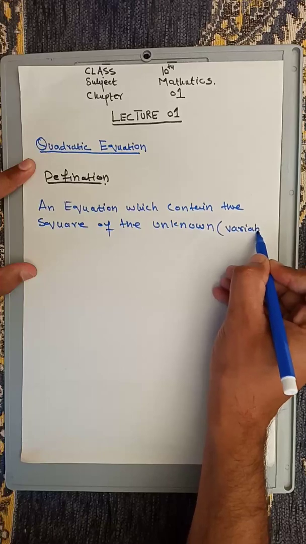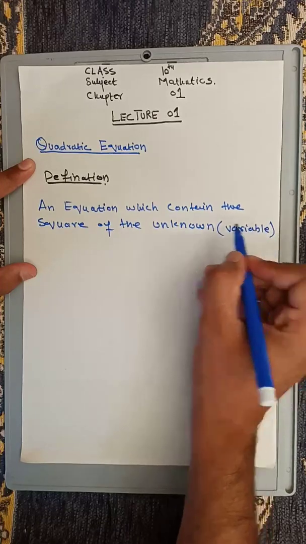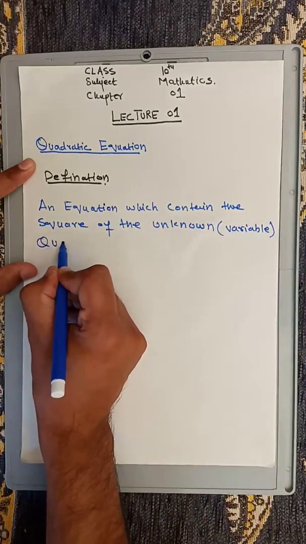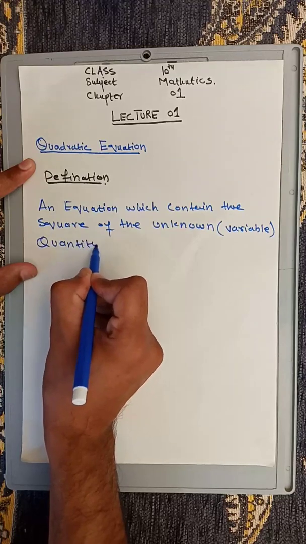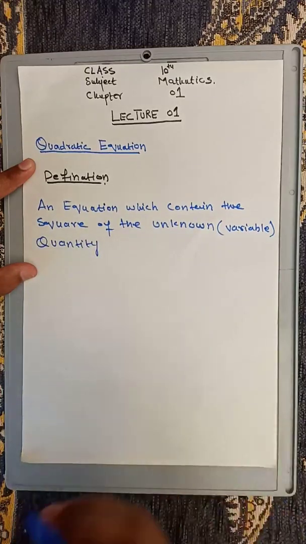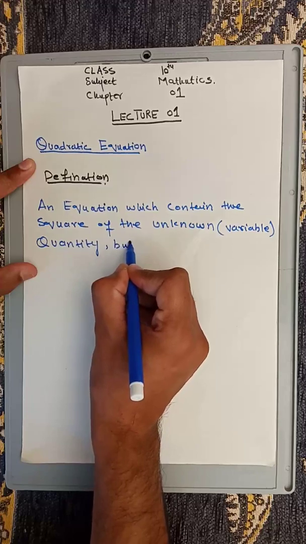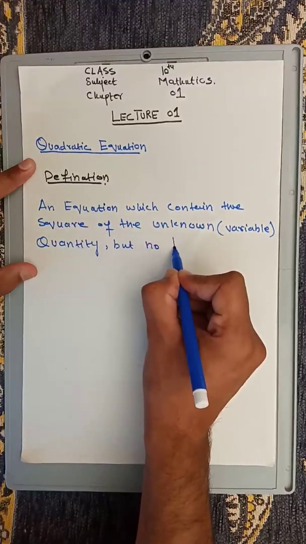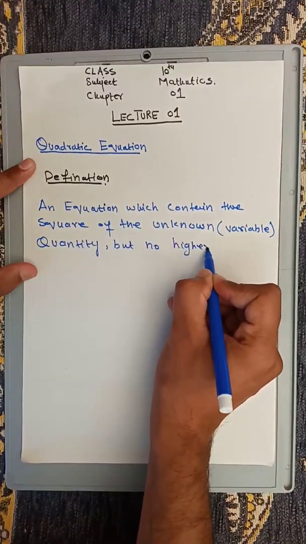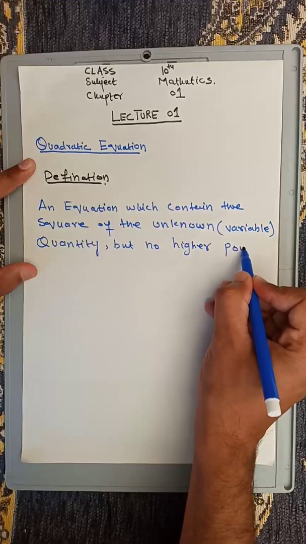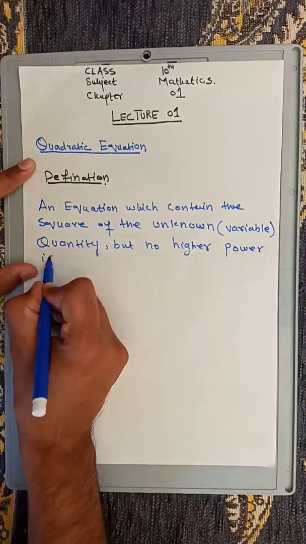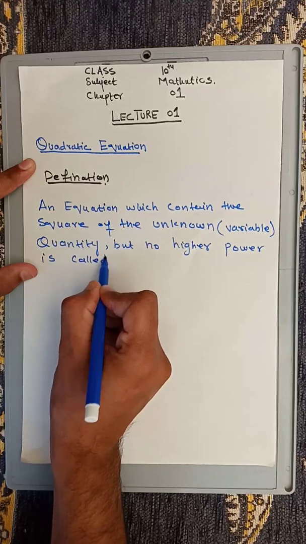We will discuss it. Variable quantity, but no higher power is called a quadratic equation.